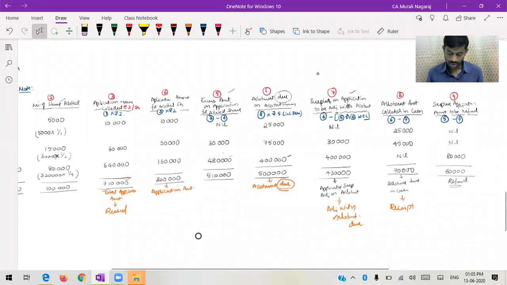Now come to entry number 3. This is the allotment due entry.